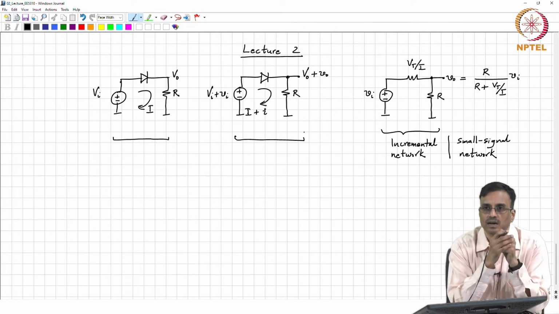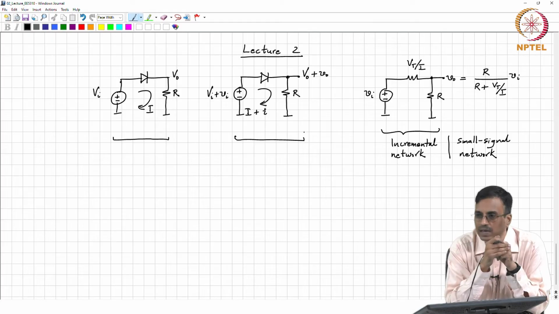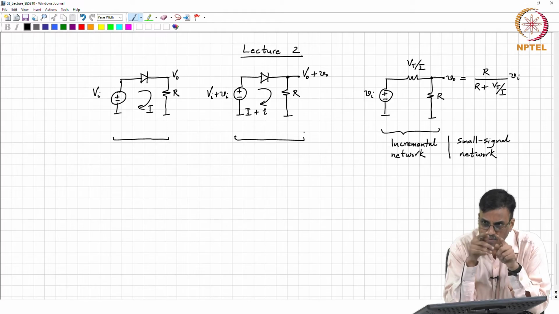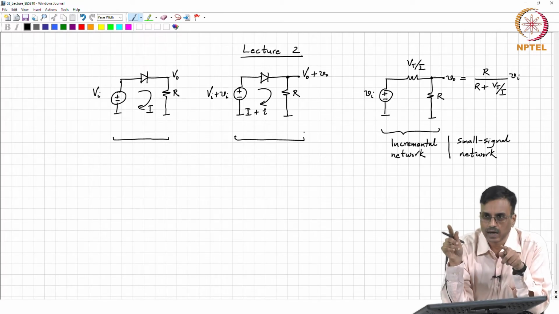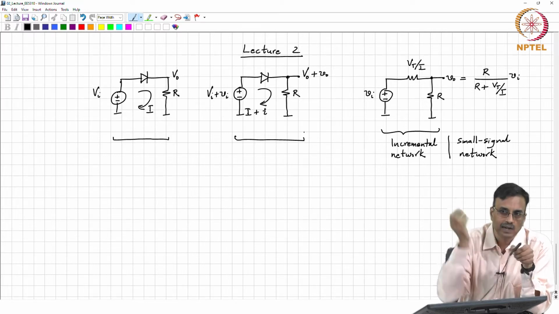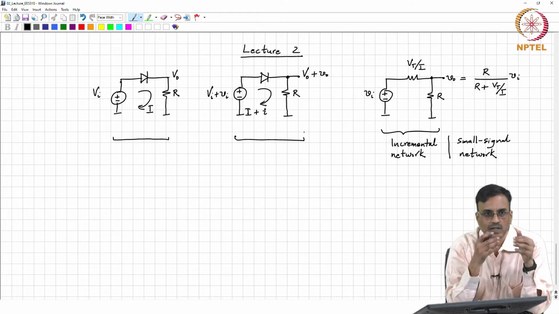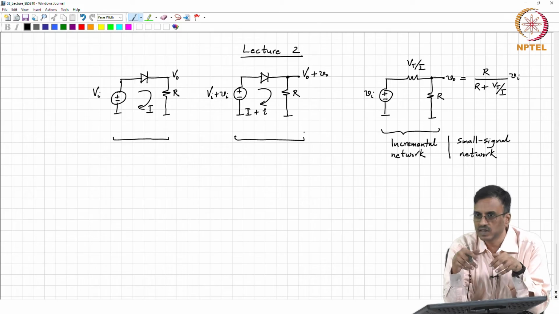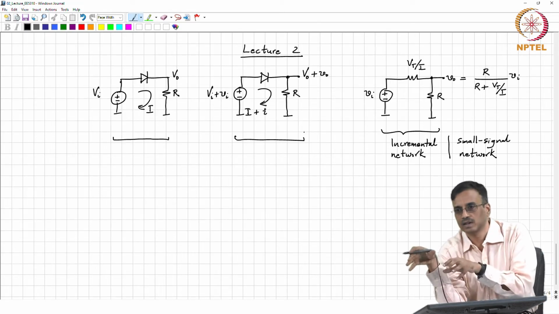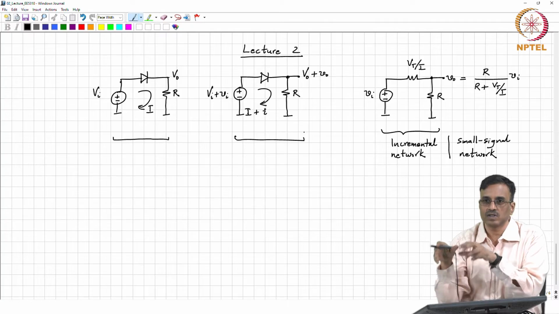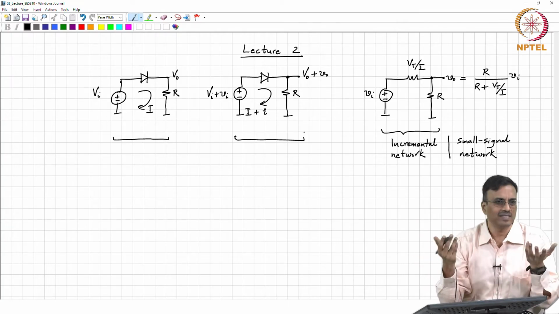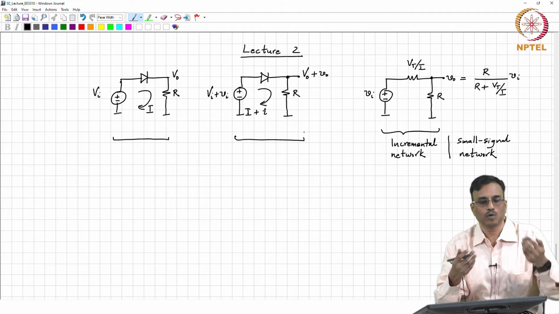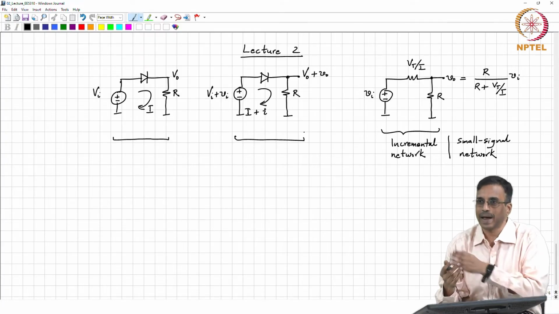Then from that, after making the small signal approximation, we got an equation which was linear. From that we got the network again, the small signal network, right? It's kind of going like this, right? You have a network, you write the equations, then you have a slightly different network, you write the equations again, you subtract the equations, you get another equation. From the equation you go back to the network. It doesn't seem to make sense to go from network to equations back to network.